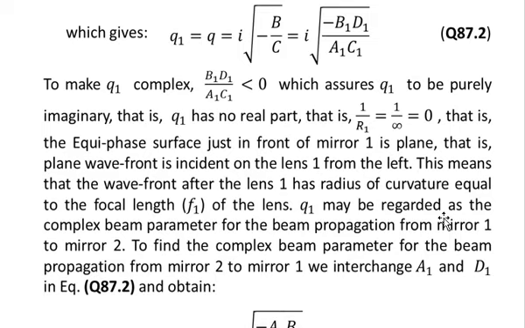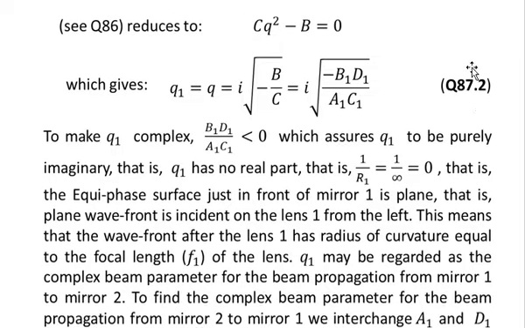Now Q1 may be regarded as the complex beam parameter for the beam propagation from mirror 1 to mirror 2. To find the complex beam parameter for the beam propagation from mirror 2 to mirror 1, we can interchange A1 and D1 in equation number 2. So you see that I have derived equation number 2.